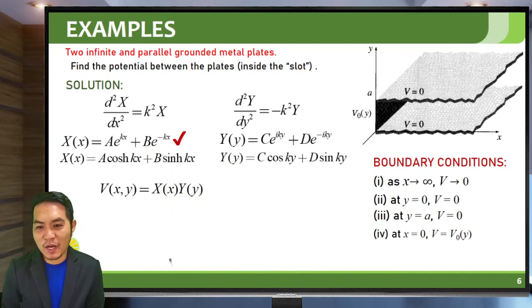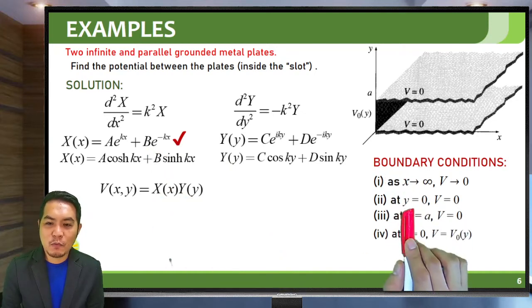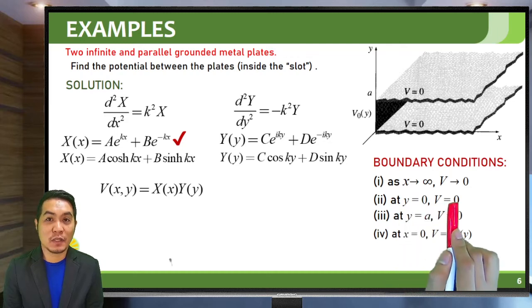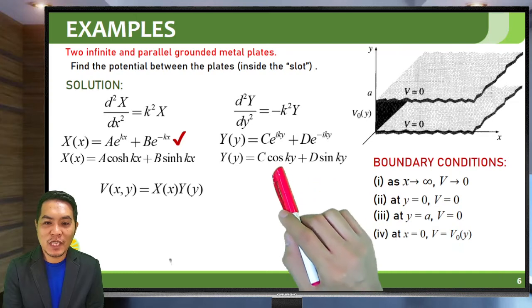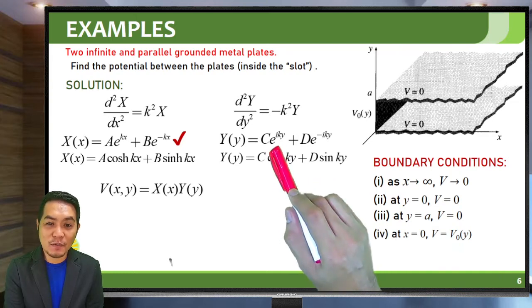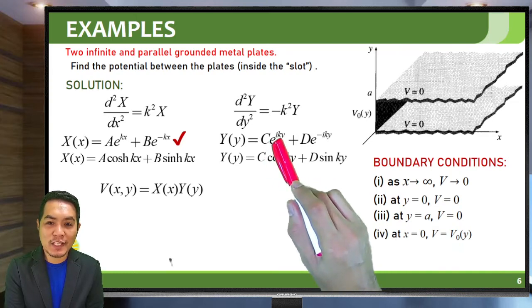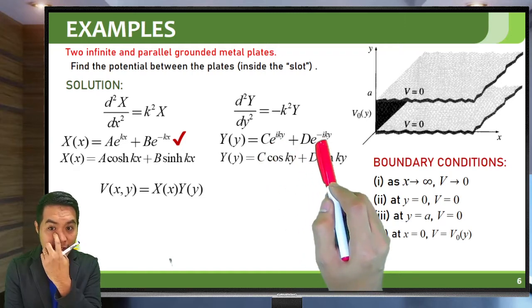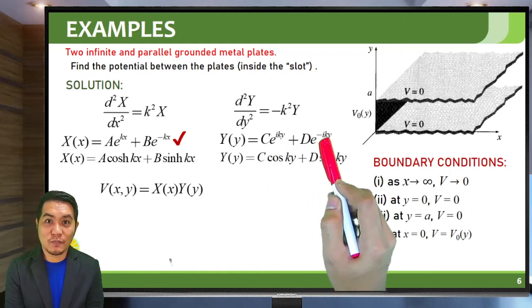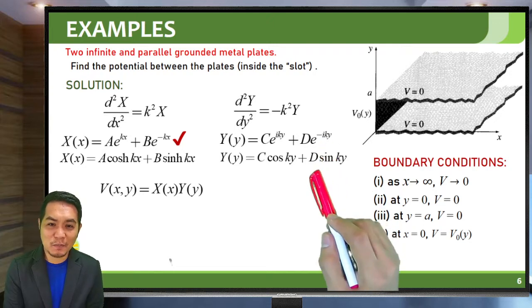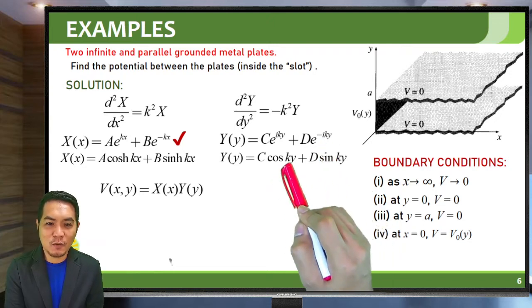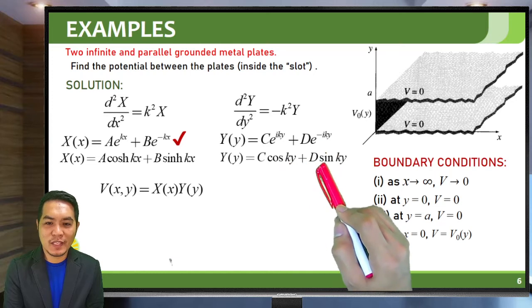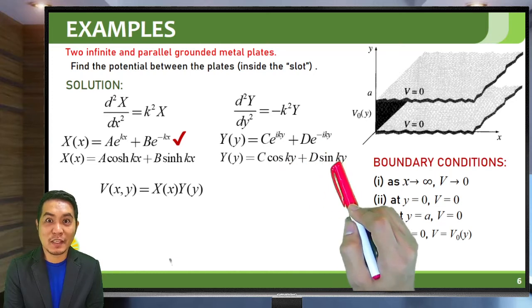So how about for y? If you will see, one of the boundary conditions states that at y equal to 0, the potential is equal to 0. Now, if you use the exponential forms, when y is equal to 0, you have e to the 0, which is 1, e to the 0, which is also 1. So it doesn't approach 0. But here, if you use this, when y is equal to 0, sine 0 is 0.